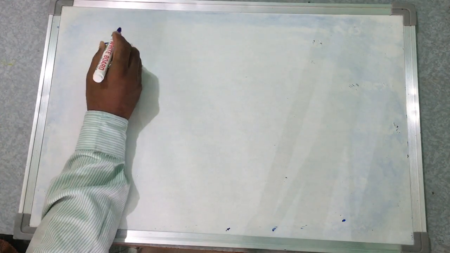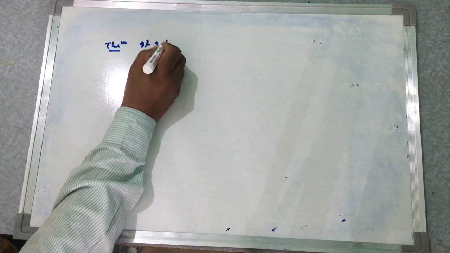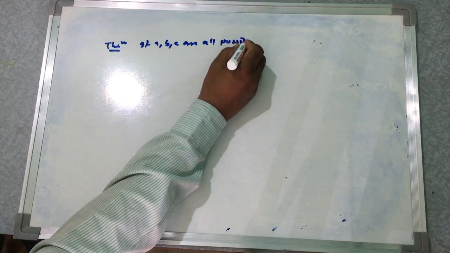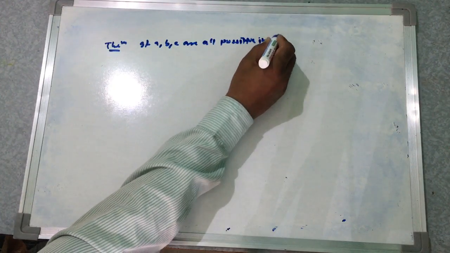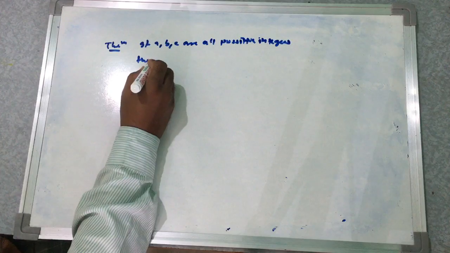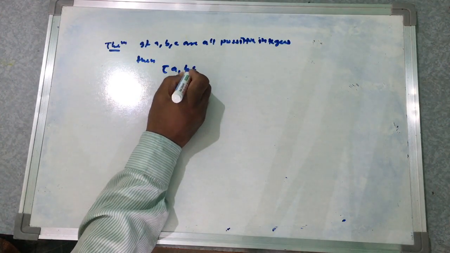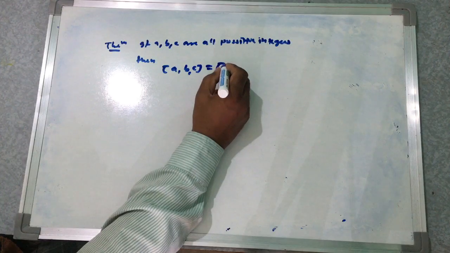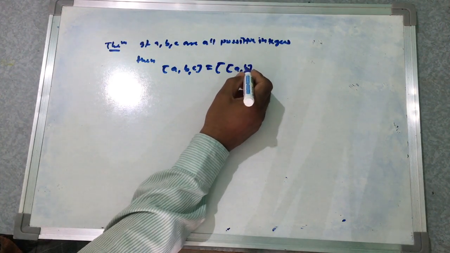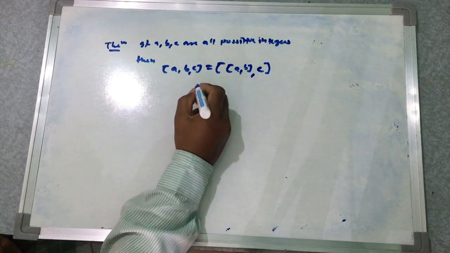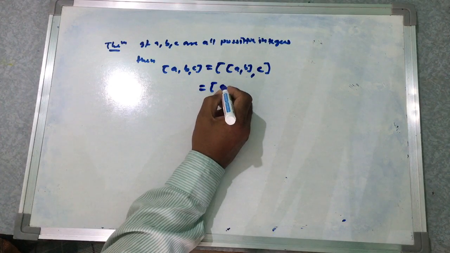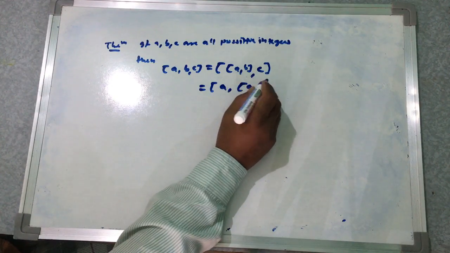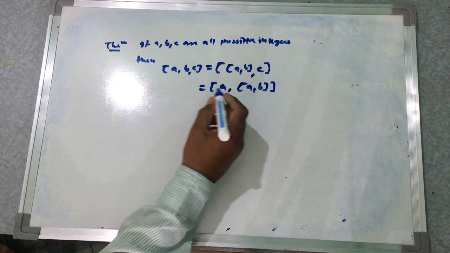So here theorem: if a, b, c are all positive integers, then (a, b, c) times [a, b, c] equals abc, and again making it separate out, we have this result.